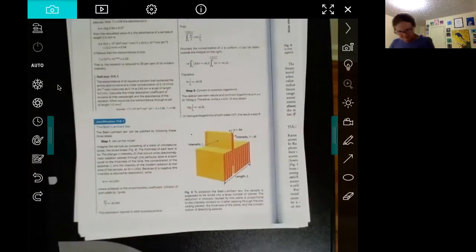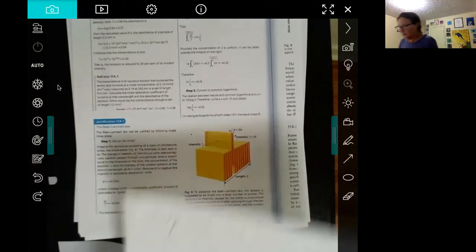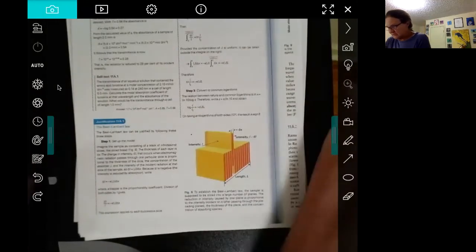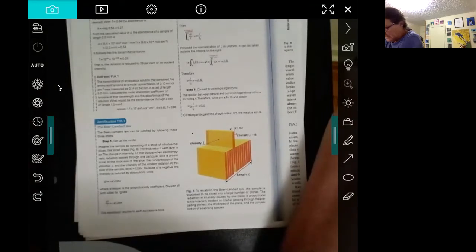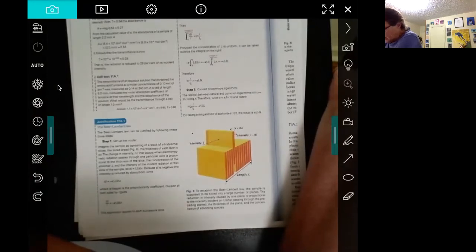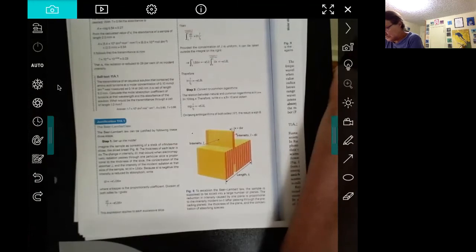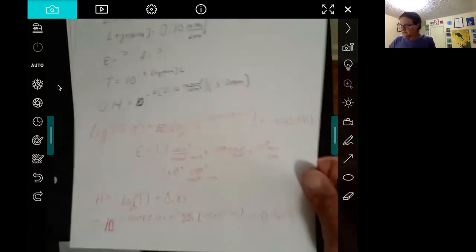I'm going to do self-test 11A.1, and it says we have a transmittance of an aqueous solution that contained an amino acid and has the molar concentration. It has the wavelength of light, and it has the path length. It wants you to calculate the molar absorption coefficient at that wavelength and the absorbance of that solution.